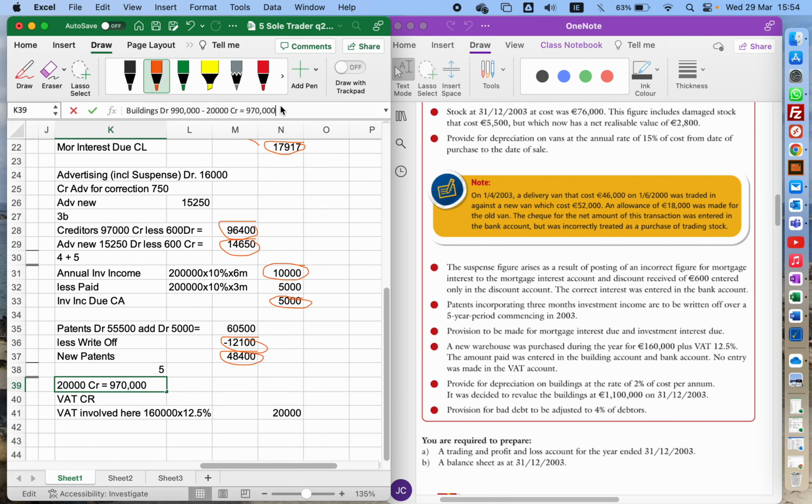Okay. Now, if I've done a credit in buildings, that means I need to do a debit in VAT. So VAT is a credit of 5.4. So we're going to be having a less of 20 grand, which is a debit, which actually means that the VAT is going to go from being a liability, because the debits are more than the credits, to being an asset, because we'll end up with more debits, so therefore we're owed a refund from the taxman.